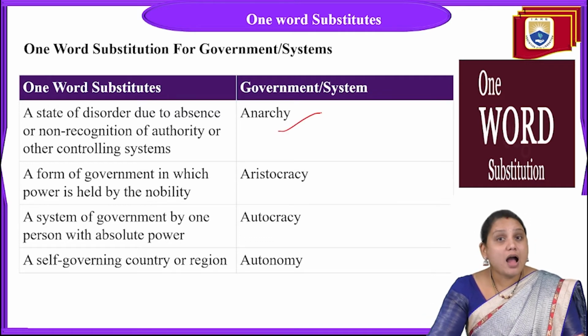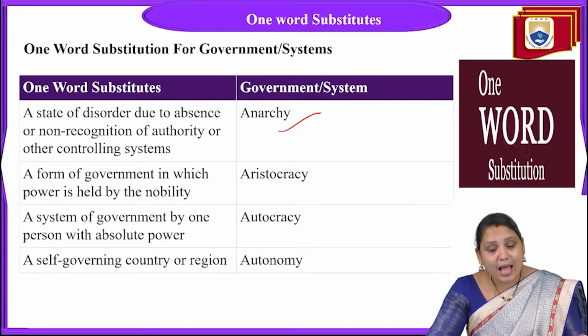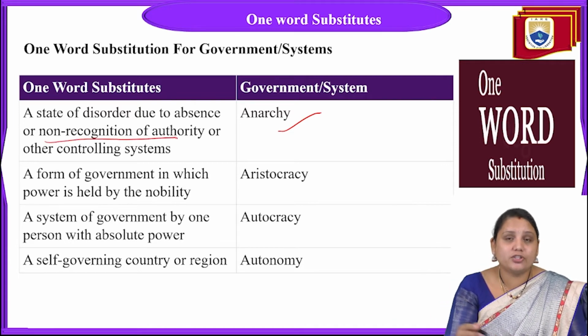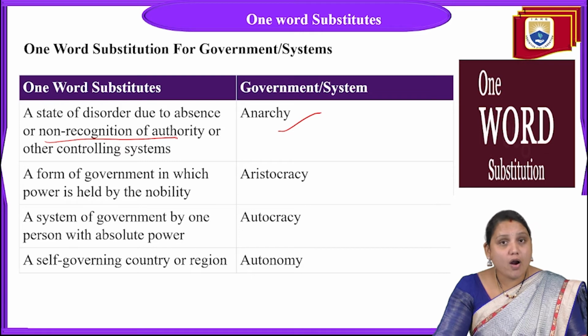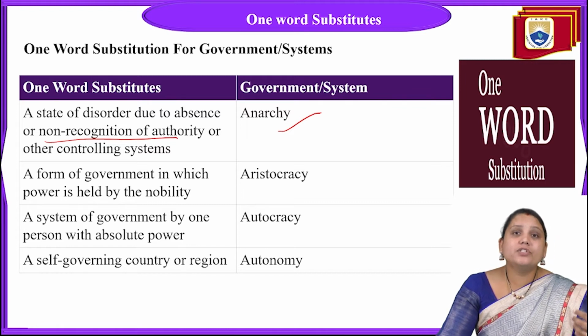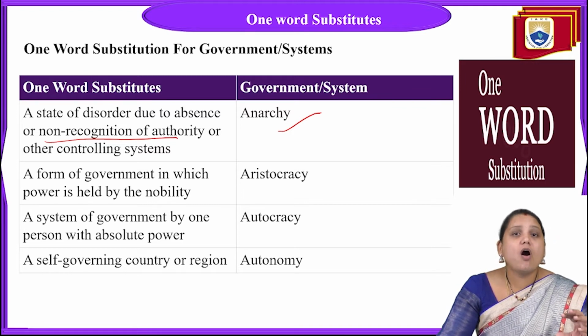Anarchy. This word can replace the sentence: a state of disorder due to absence or non-recognition of authority or other controlling systems. So the system which has non-recognition and disorder of authority could be called anarchy.